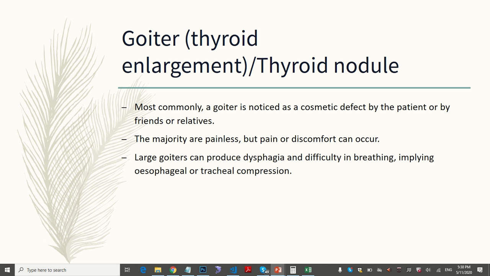Then you have the multinodular goiter, commonly seen in patients with an overactive thyroid, and you have a solitary nodule. It could be toxic or non-toxic.